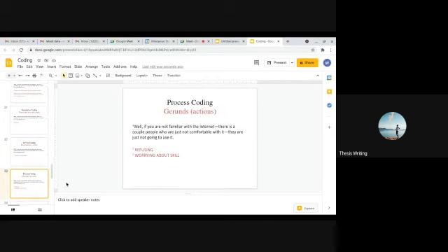And then process coding. If you are not familiar with the internet, there's a couple people who are just not comfortable with it. They are just not going to use it. So this is more of process coding, and you use gerunds or action words like refusing, worrying about skill. Parang para siyang gerund. Pero I don't recommend that.